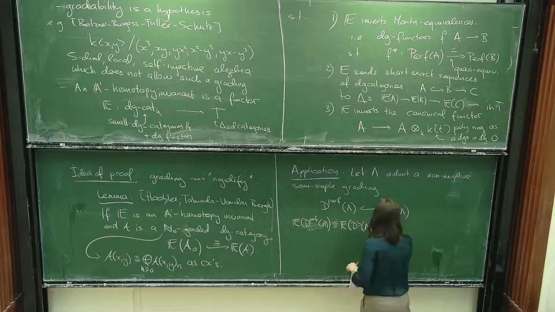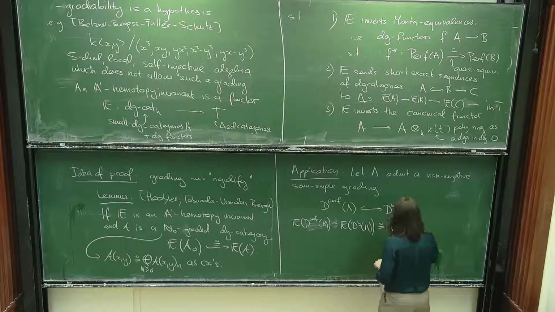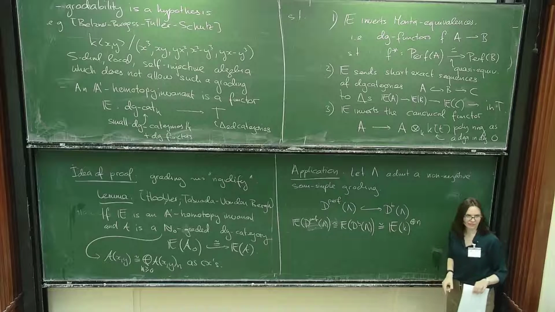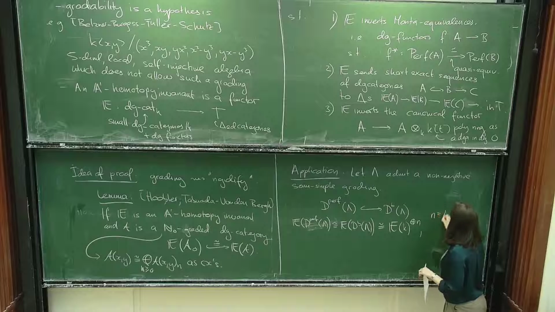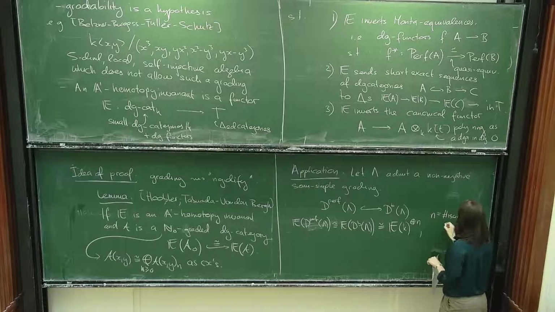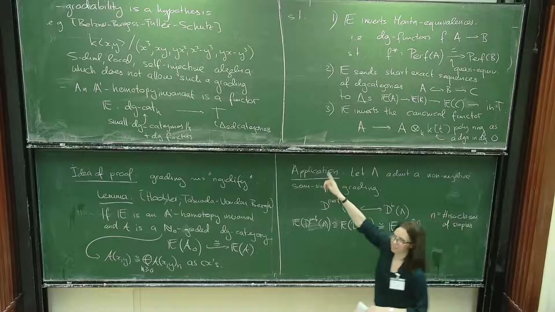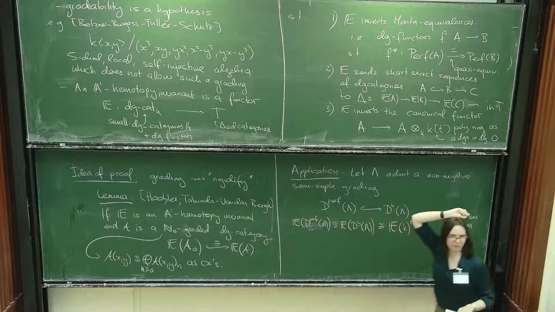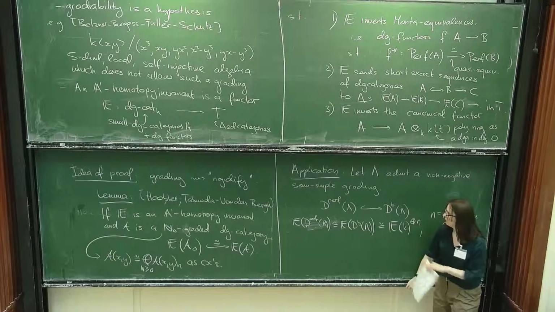That thing is just n copies of E evaluated at the base field. And n again is, as before, the number of isoclasses of simples. So if you work with a basic algebra, just indecomposable summands of lambda 0. Okay, so we actually know what that is.